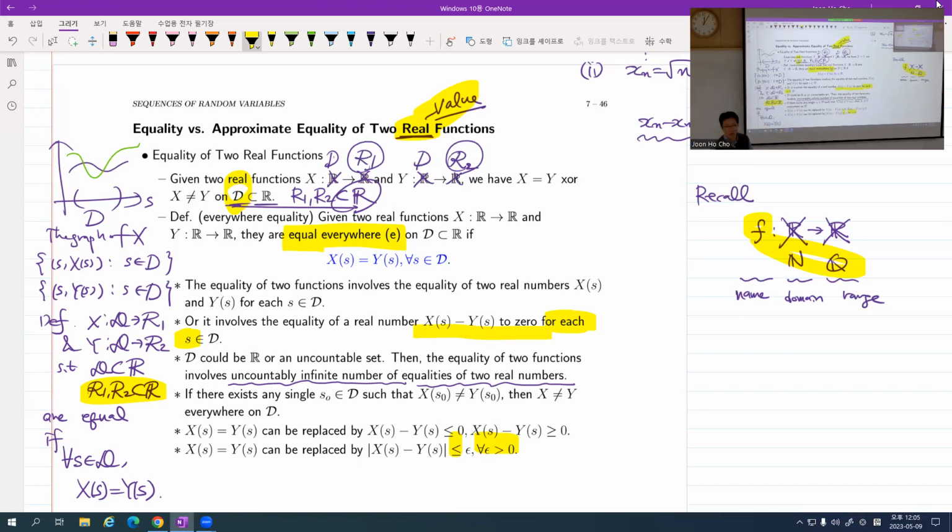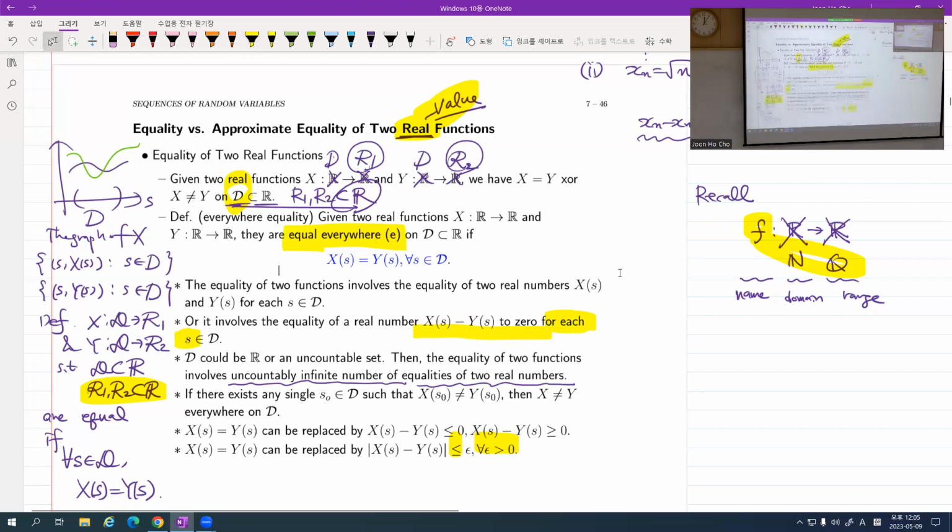Well, that's just logic. However, here goes again the for every epsilon positive part. So you can replace this part as for every epsilon positive, the absolute difference between x of s and y of s is less than or equal to epsilon. So you can introduce the strange epsilon positive, but so far it's just okay.